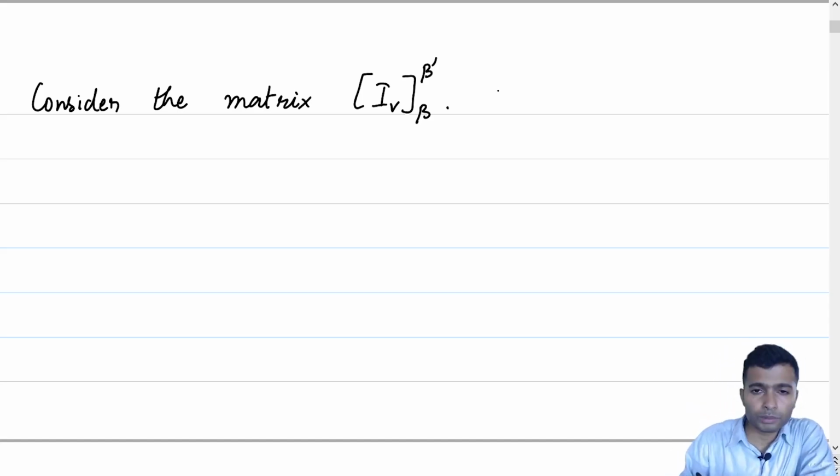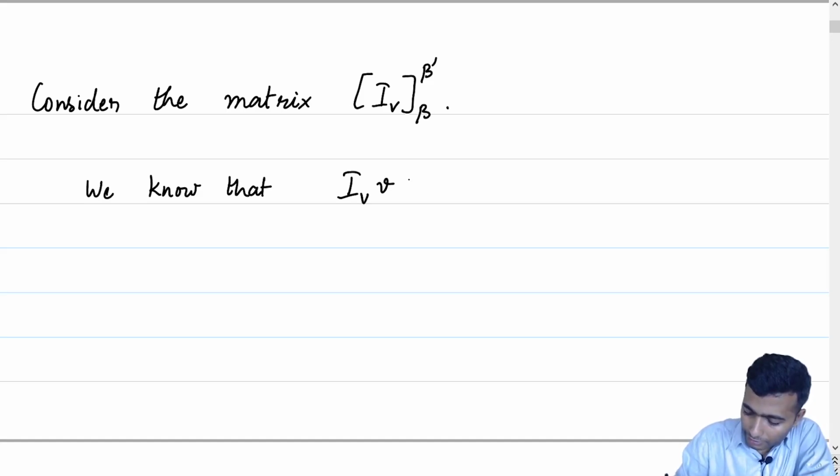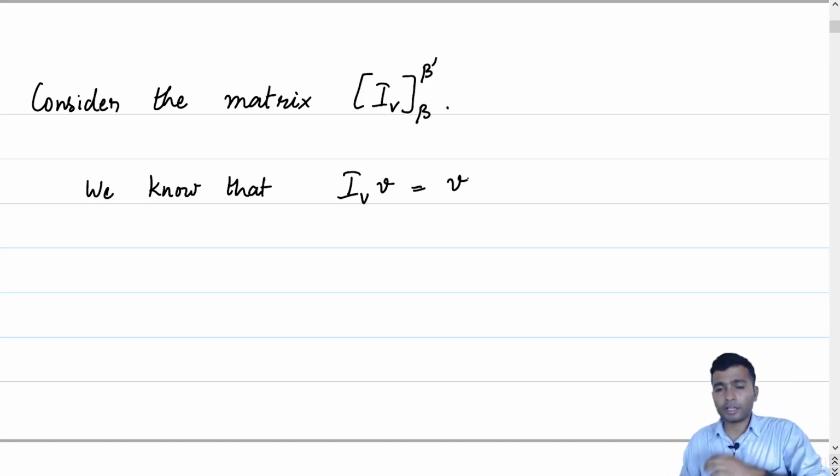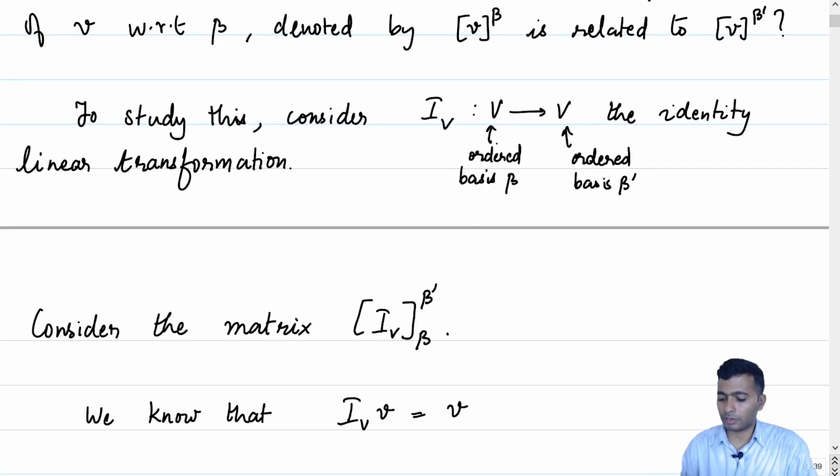So we know that IV of V is equal to V, right? After all, IV is the identity transformation. But think of IV as a linear transformation from V to itself in the above setup, where the domain V is with the basis beta and the codomain or the target V is with the basis beta prime.